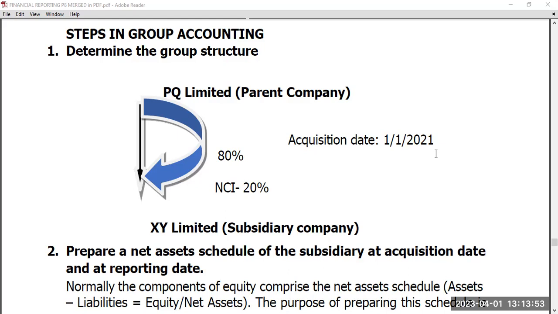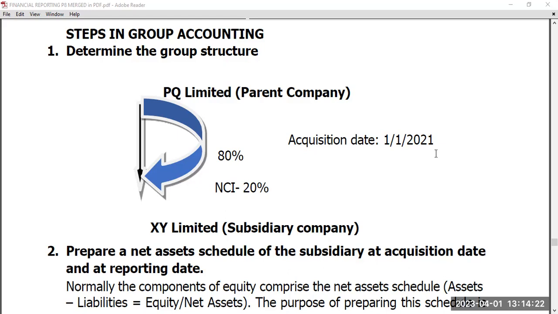That is basically the relationship between the two companies in a business combination. When they come together, we need to know the group structure, in terms of which one is the parent and which one is the subsidiary company.